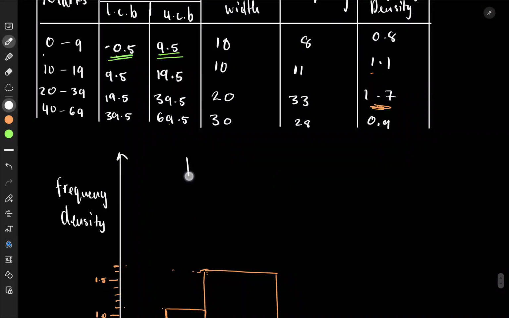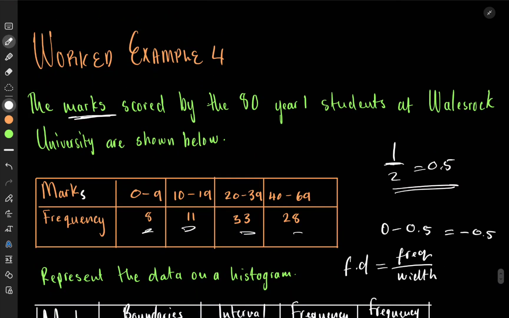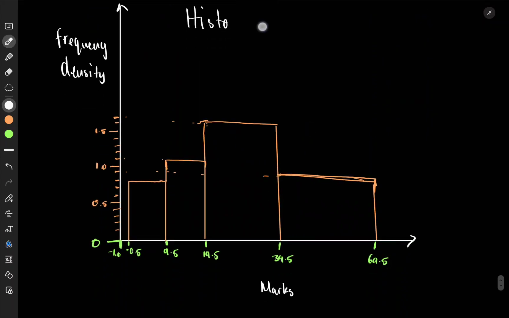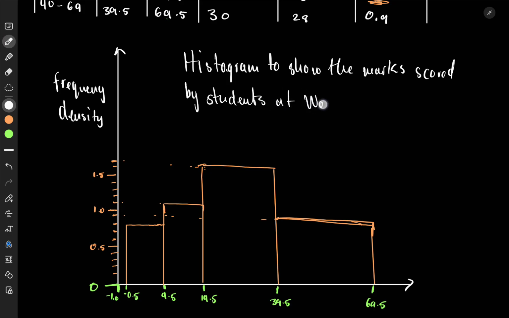So we can just say: histogram to show the marks scored by students at Wells Rock University. This is the end, and here we have our histogram, and we are done.